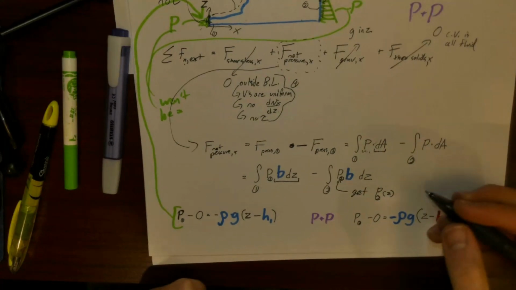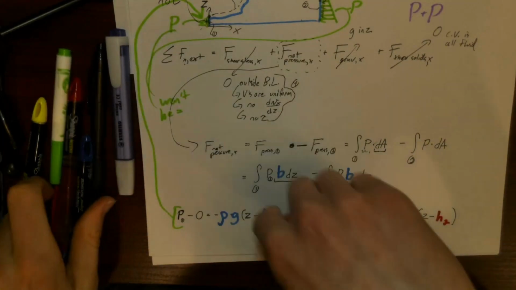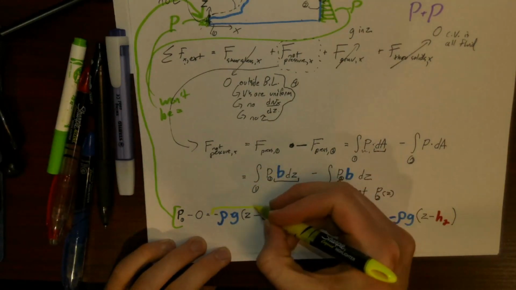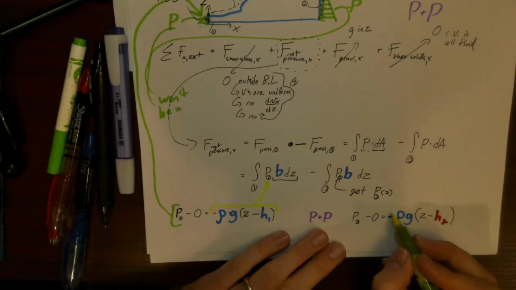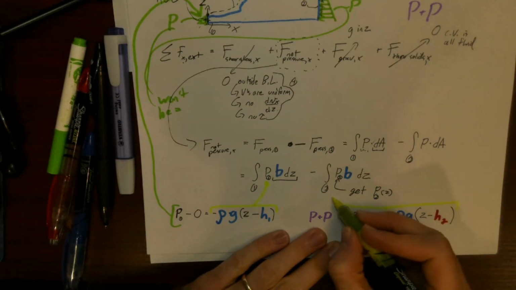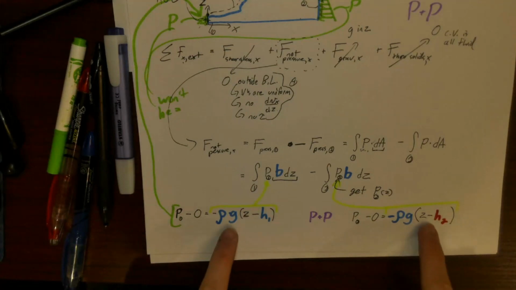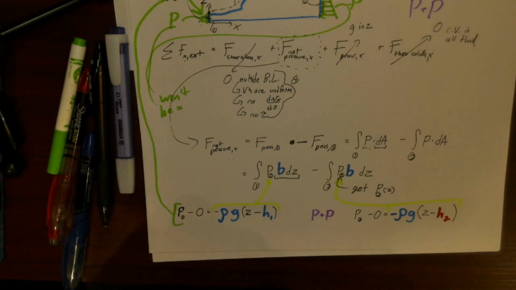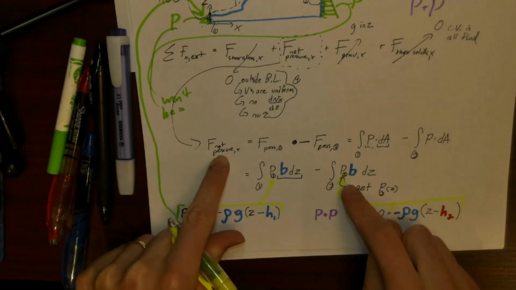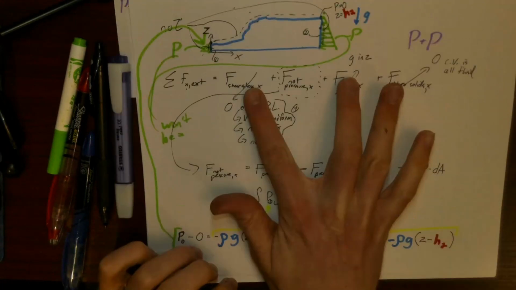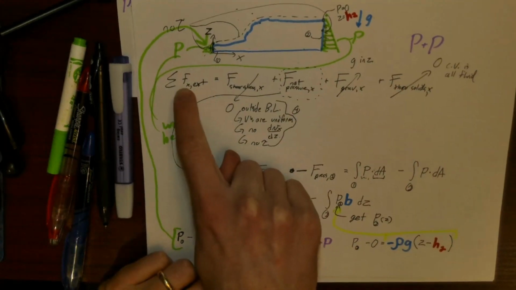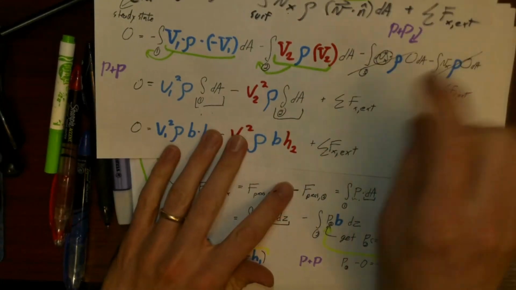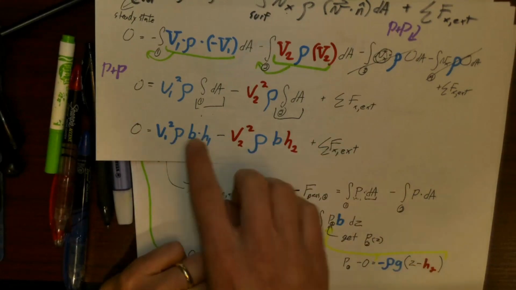So what can we do now? We can take this pressure distribution and plug that in here, and we can take this pressure distribution and plug that in here, and because both of these are basically functions of z, we'll be able to compute these integrals in a pretty straightforward way to get our net pressure x force. And it turns out that, from our thoughtful analysis here, this net pressure x force is actually all of the external x force. And then once we do that, we can plug it into our conservation of momentum.